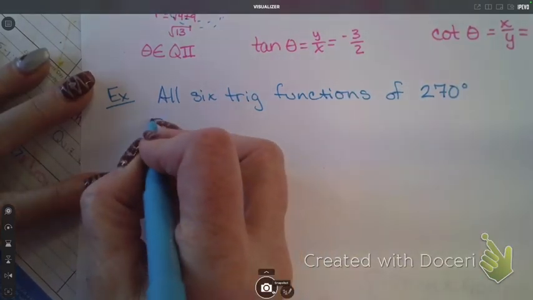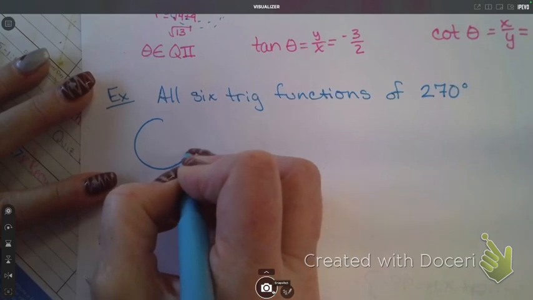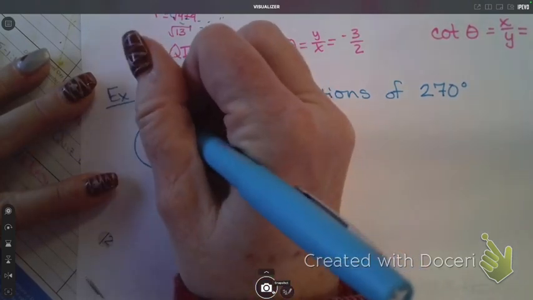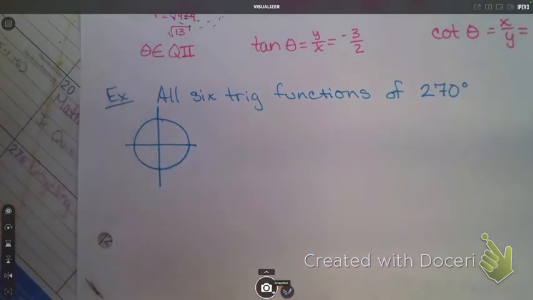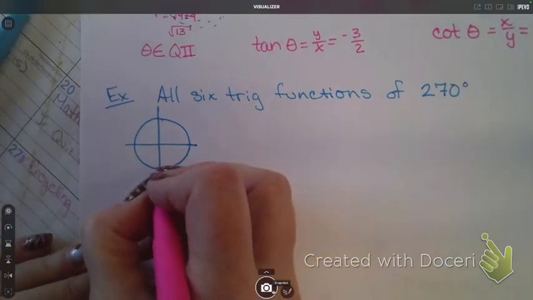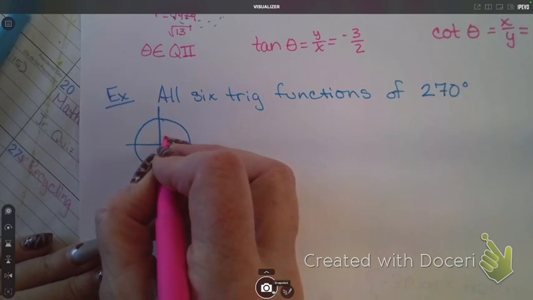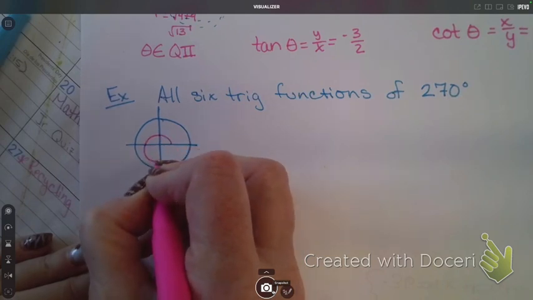And if you want to draw your circle, draw your circle. I just have to do them first. So 270 is right there, yes?